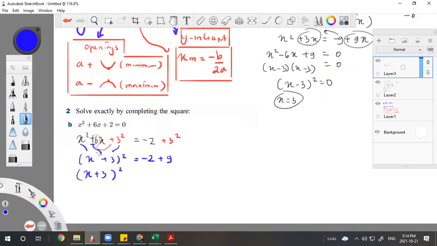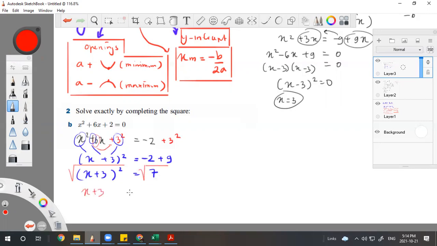The plus will be on here in this part, right? So you just pick the middle, x plus 3, x plus 3, and equals to 7. Then it's already a complete square form. What you do next? Square root left, square root right.